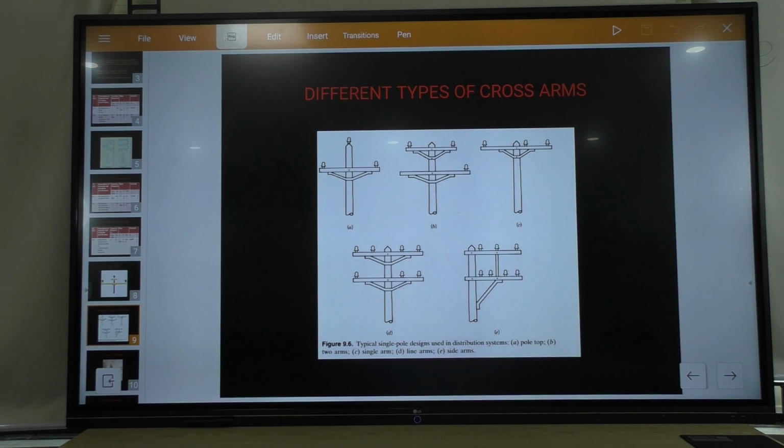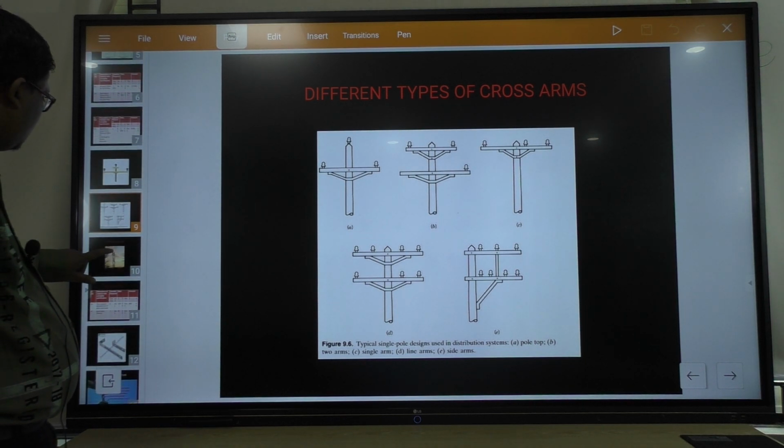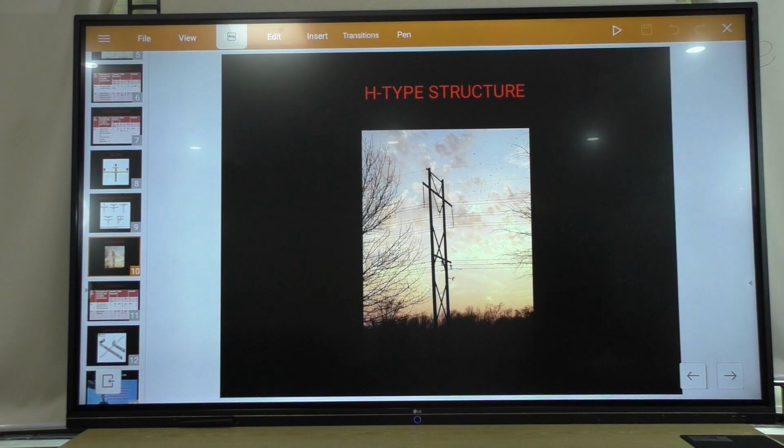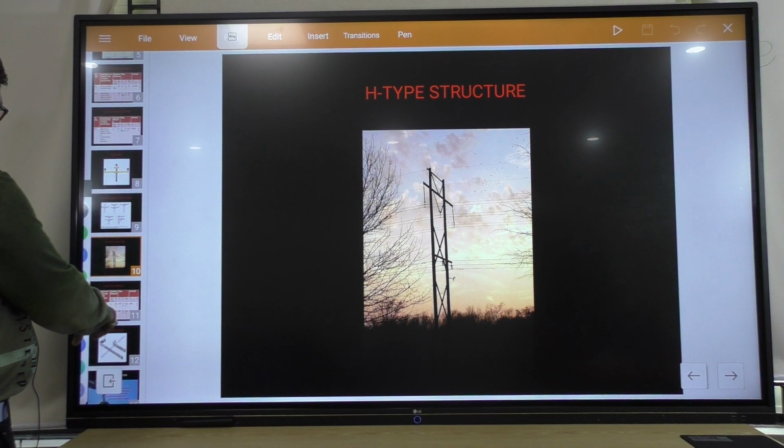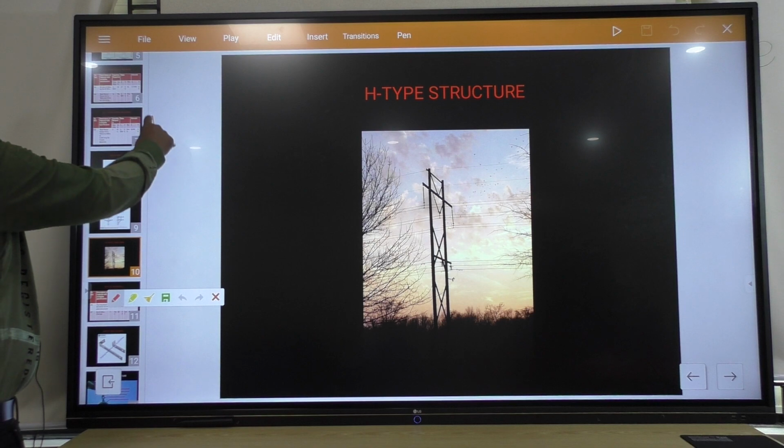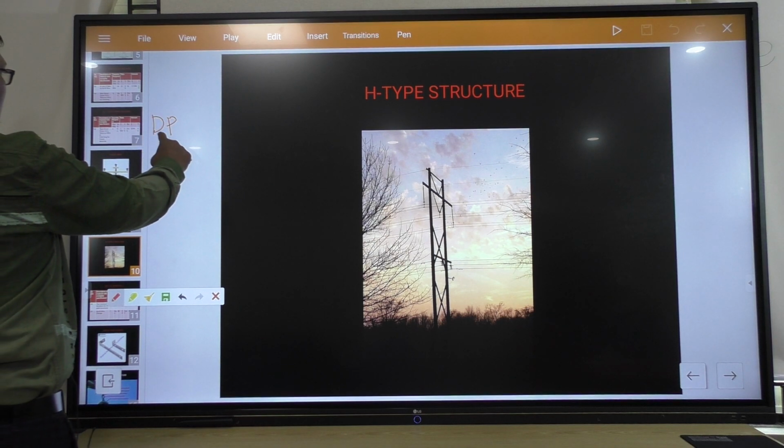Typical single pole design of a distribution system for single arm, line arm and side arm. So next, this is another structure. This is the example of a double pole structure, that is the DP structure.